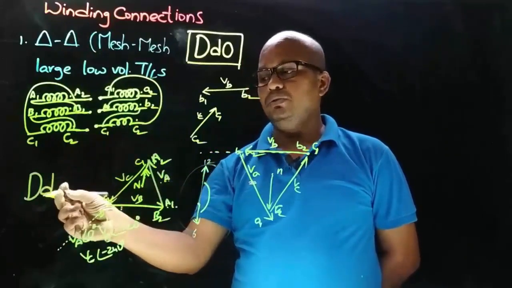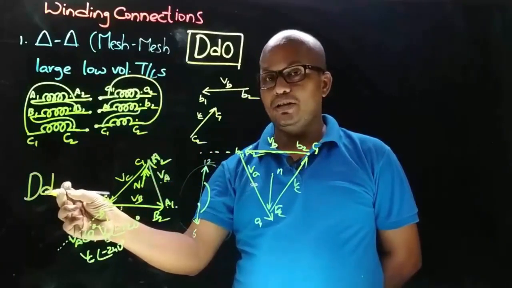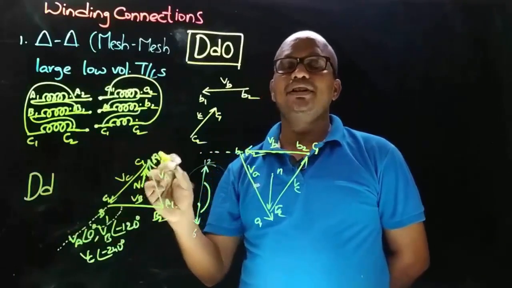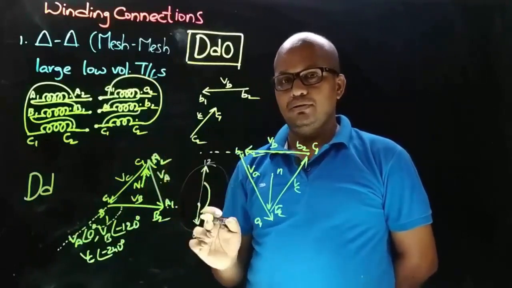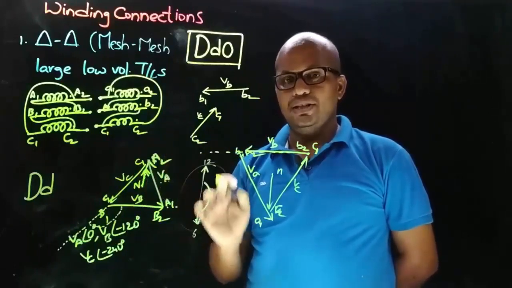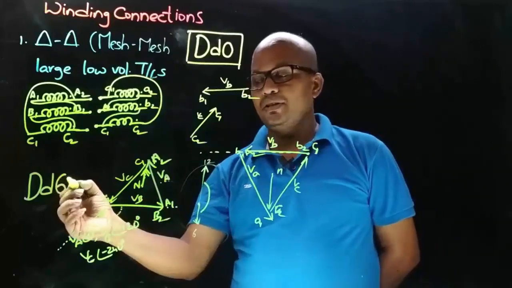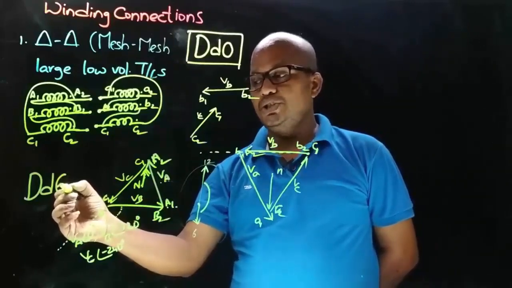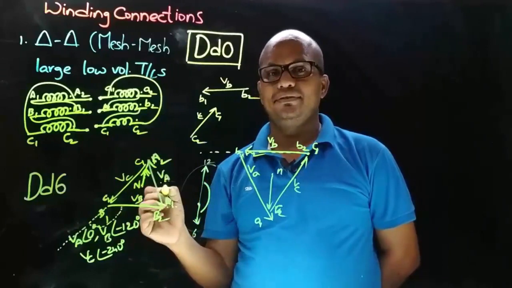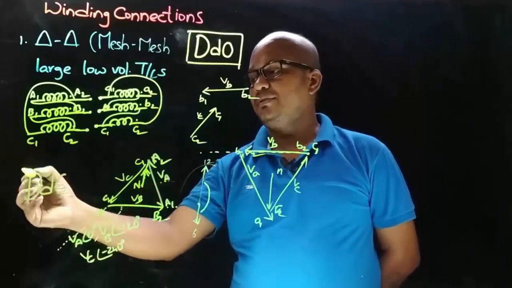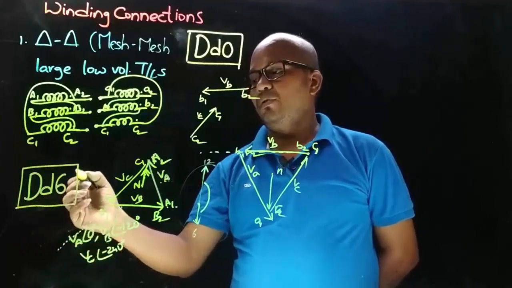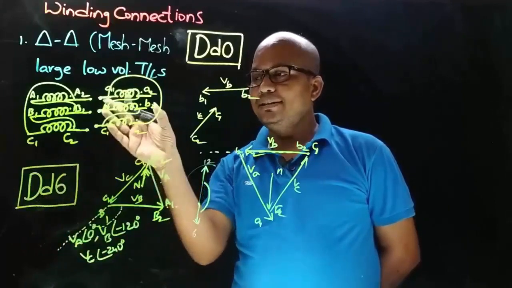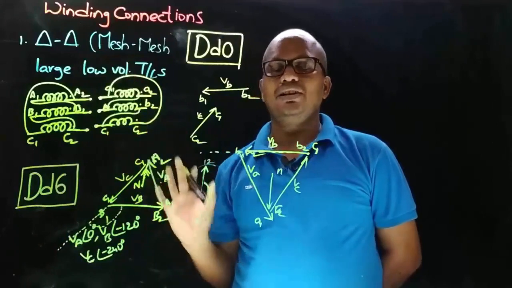And now the third position is numerical, which will represent the LV side voltage phase displacement based on clock notation. So here from clock notation it is 6 o'clock, means the third position numerical is 6. So this is the vector group symbol for this type of delta-delta connection.